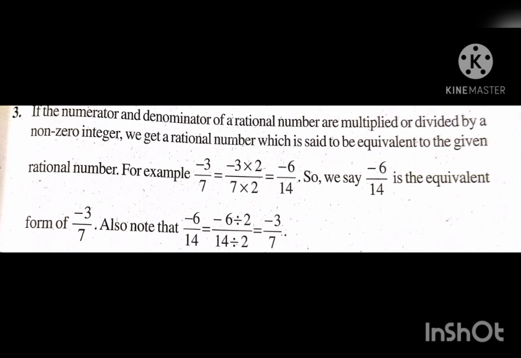For example, minus 3 by 7: multiply both numerator and denominator by 2, minus 3 into 2 by 7 into 2 equals minus 6 by 14. So, we say minus 6 by 14 is the equivalent form of minus 3 by 7. Also note that for minus 6 by 14, we can divide both numerator and denominator by 2, we get minus 3 by 7, an equivalent rational number to minus 6 by 14.